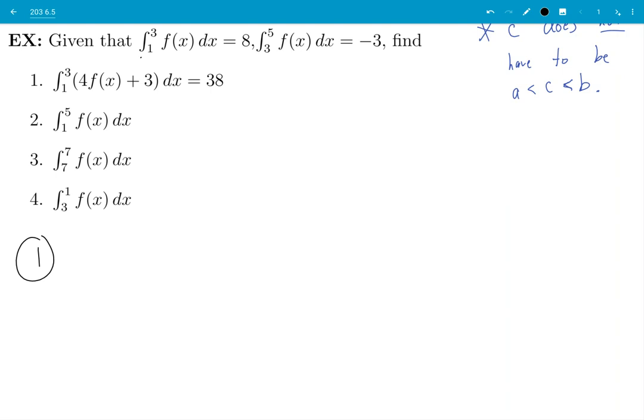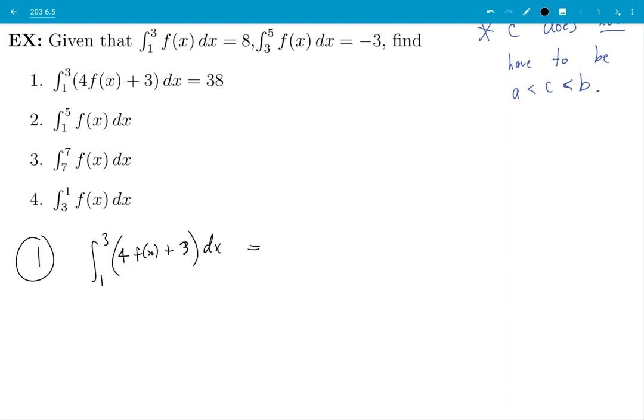We're given two pieces of information about the function f. Let me just say that this 38 is the answer. So I've copied it from my notes. So I'm going to show you how to get this 38. The integral of 4 f of x plus 3 dx.